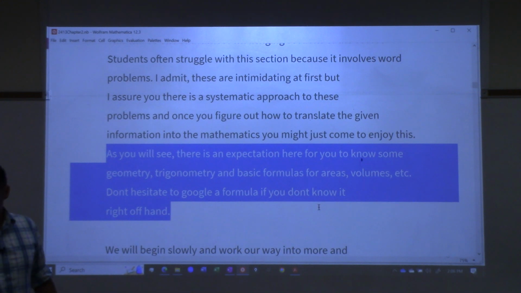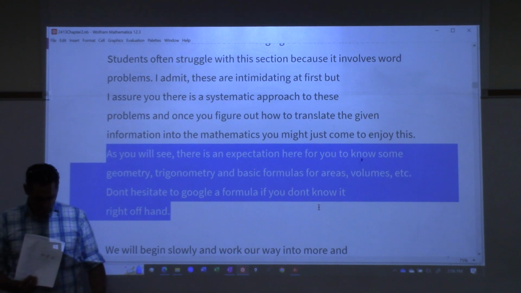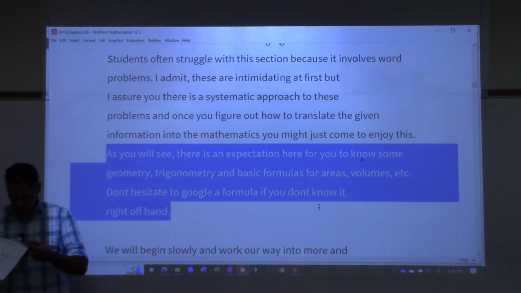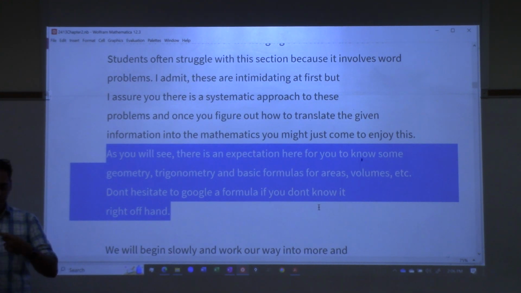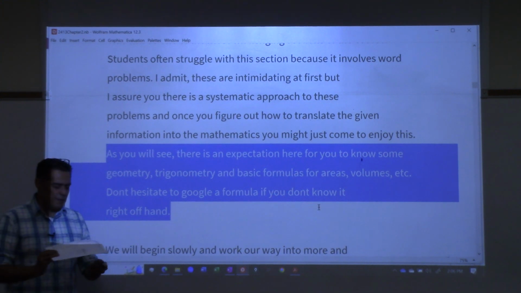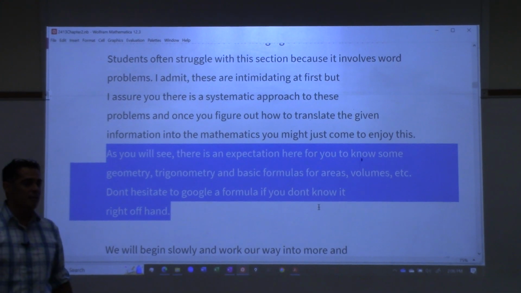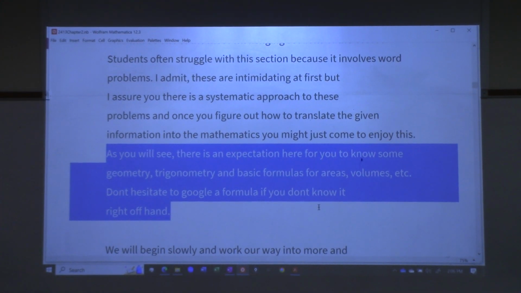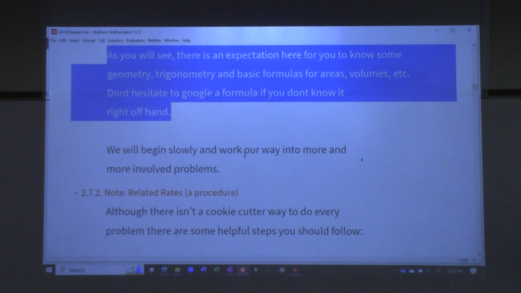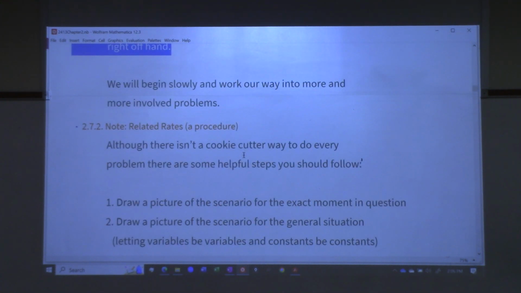Reference page 1, the very first page, has formulas for areas of circles, triangles, volumes of spheres, surface areas of cylinders, cones. There's a lot of things on there. Not everything you need is on there. Some of it we'll have to dig up out of the archives of your brain. But that's what makes it hard as well, because there are things that I assume that you know. So we're going to begin slow and move into this.